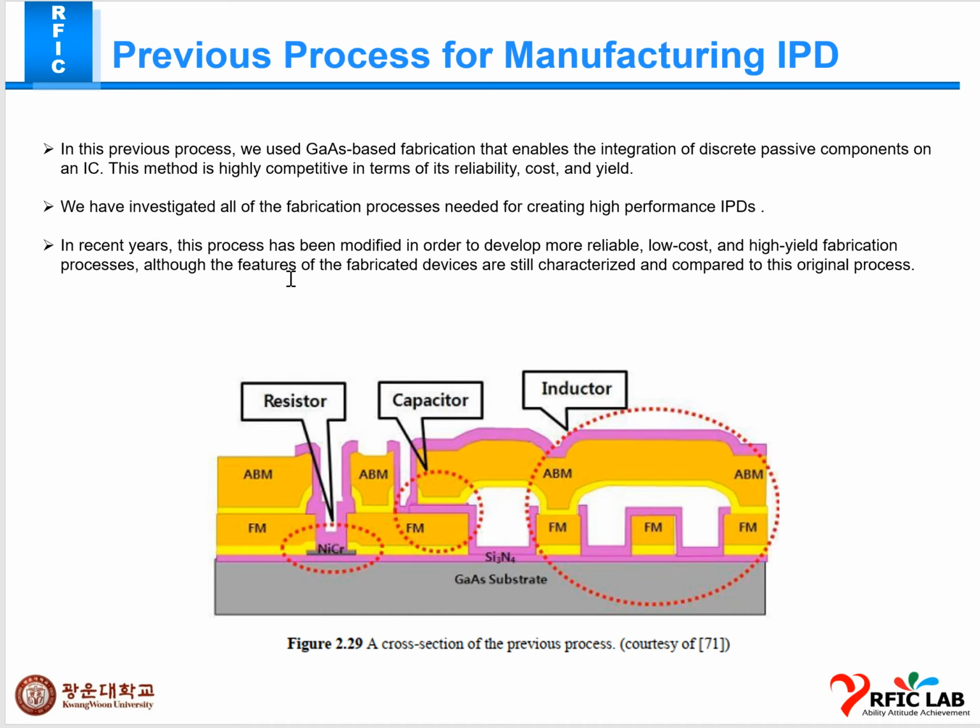This method is highly competitive in terms of reliability, cost, and yield. The fabrication process needed for creating high performance IPD has been modified in order to develop a more reliable, lower cost, and higher yield fabrication process. Features of the fabricated device are still categorized and compared to this original process.